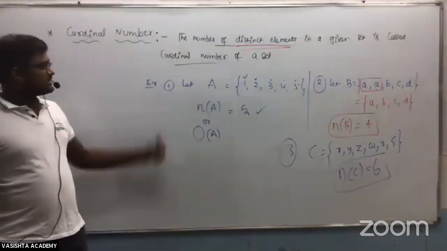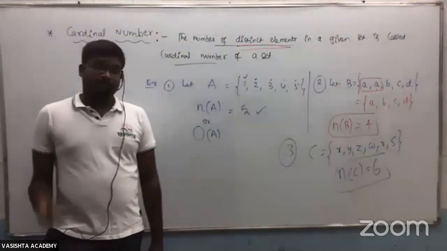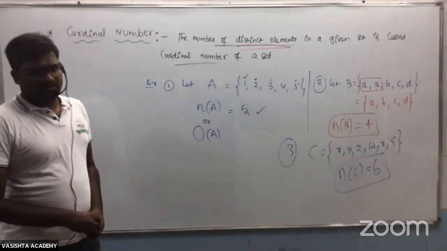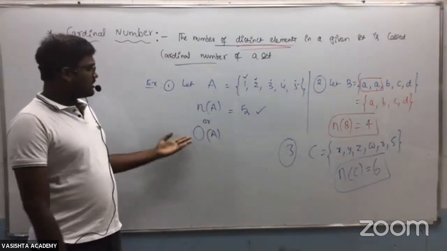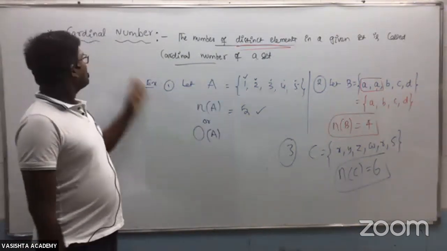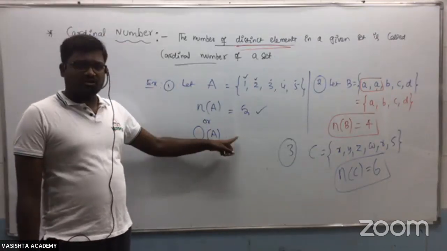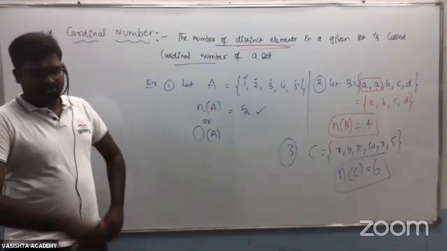Please copy this definition and these 3 examples. The synonymous terms are number of elements, or order of the set, or cardinal number. These three are same.